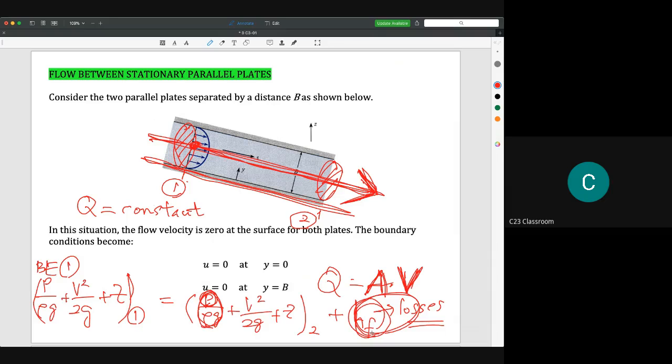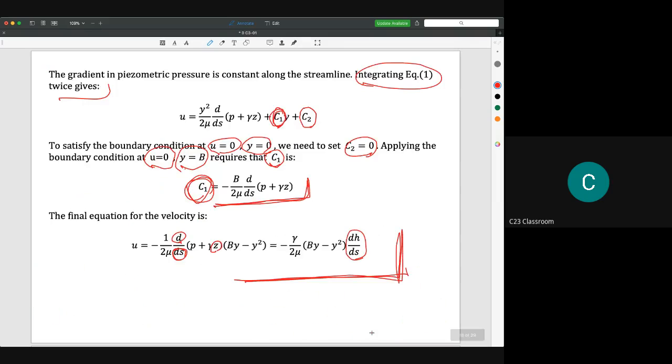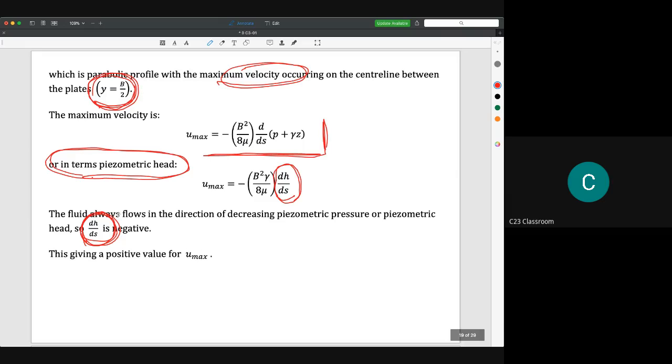So pressure drop means the decrement of pressure. Normally we reflect the situation like this. Pressure drop means the pressure becomes lower and lower. That's why in these terms, they will give you dH ds as negative.